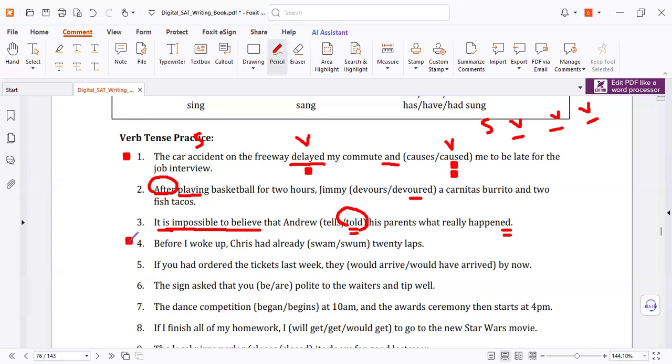Again, number 4, try. So what's the difference between swam and swum? Both are like past. This is past simple. This is past participle. Swim, swam, swum.